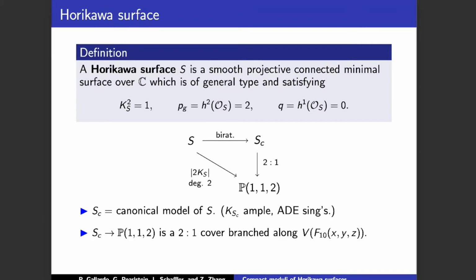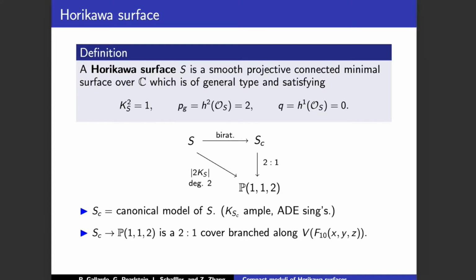I can quickly answer that. This 2-to-1 cover is branched along a curve of degree 10, given by the vanishing of a polynomial of weighted degree 10 in the variables x, y, and z. So x and y will be my variables of degree 1 and z is of degree 2, so it will appear at most at the power of 5 in our expression for the polynomial.